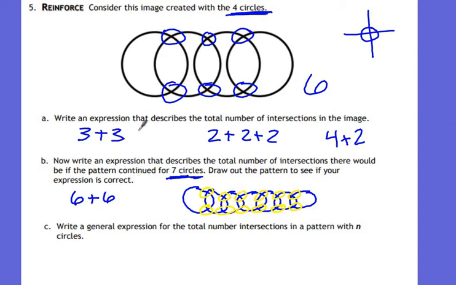C wants us to write a general expression for the total number of intersections in a pattern with n circles. So they created a variable. So n is standing for my number of circles. And I have to write an algebraic rule.